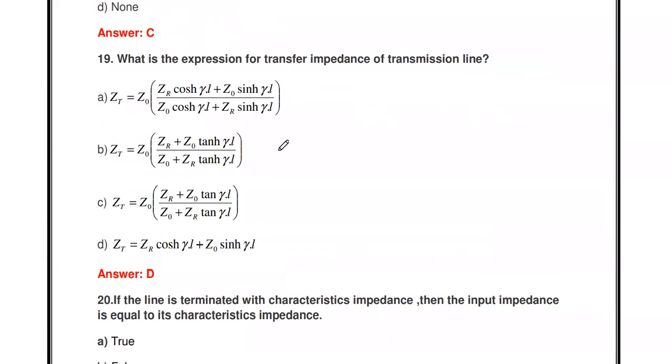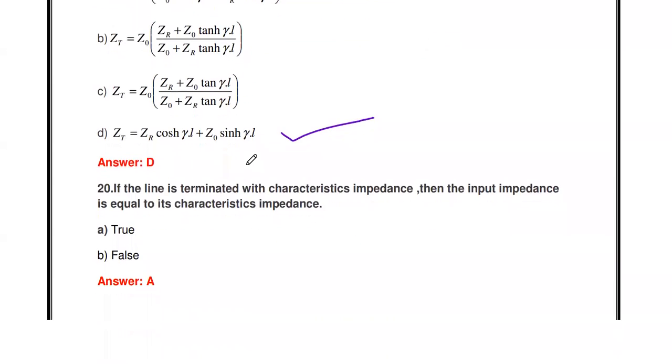The next thing: what is the expression for the transfer impedance of the transmission line? The transfer impedance ZT is equal to Zr cosh eta L plus Z0 sinh eta L. This is the formula for the transfer impedance. The above one is not a transfer impedance formula.